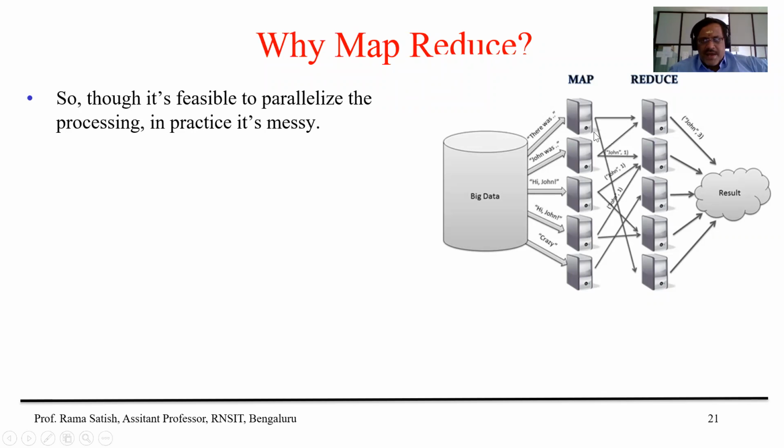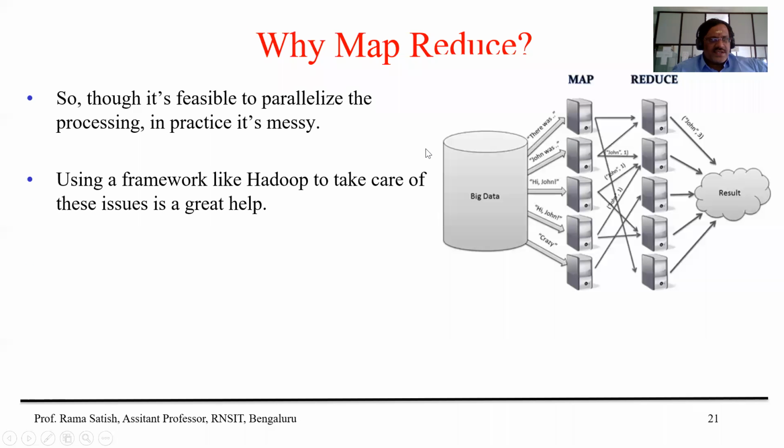After map operations, there will be a reduce operation. So 2-3 maps will reduce into one result, and the reducer will take care of reducing further. So that is what we certainly have.